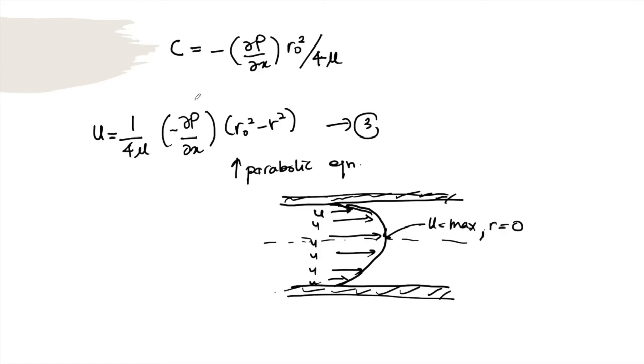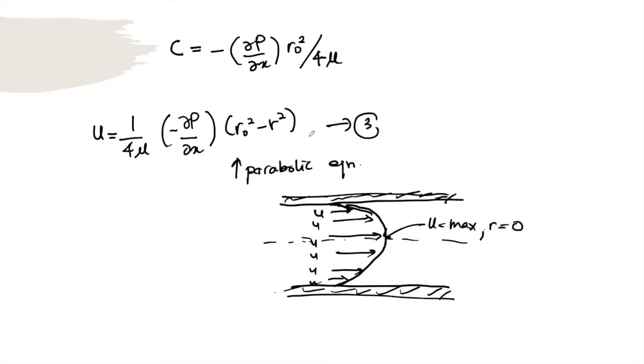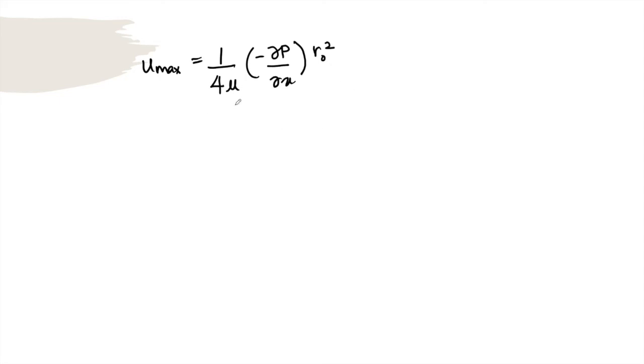So you substitute this condition into equation 3, then you will get this u maximum, 1 over 4 mu negative del p over del x R naught square.